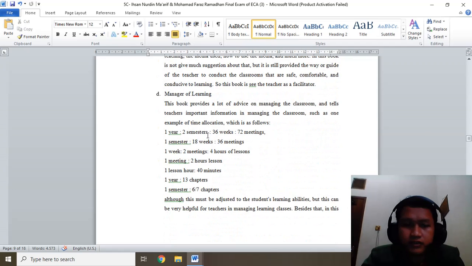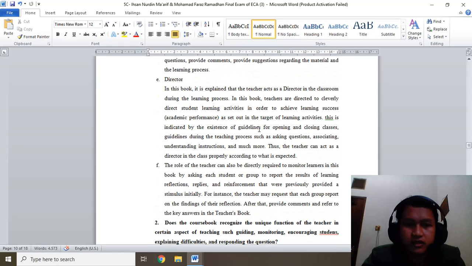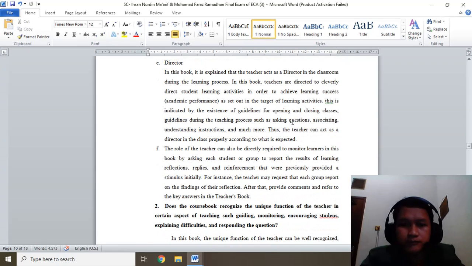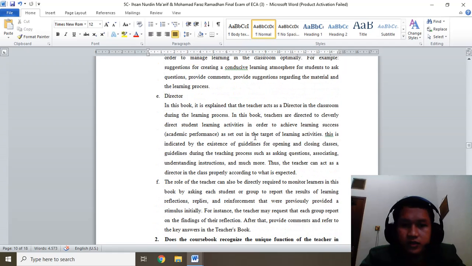Manager of learning, yes, because in this book there is much guidance to manage the class. Director, yes, because in this book it is explained that the teacher acts as a director in the classroom. And the role of the teacher can also be to monitor the learner.